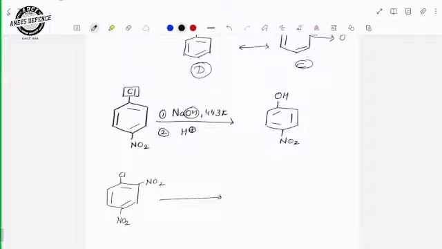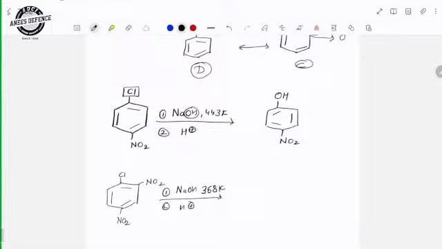So it is making the ring more reactive. We use the same reactant NaOH and second reactant H plus, but we don't need that much energy to remove the chlorine atom. So here the temperature used is 368 Kelvin.